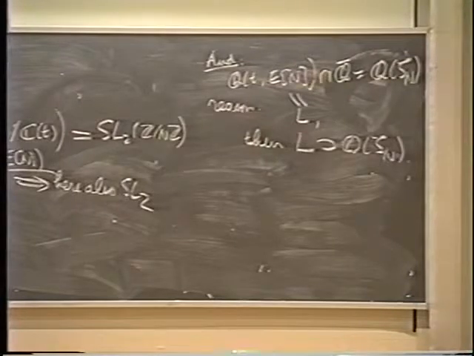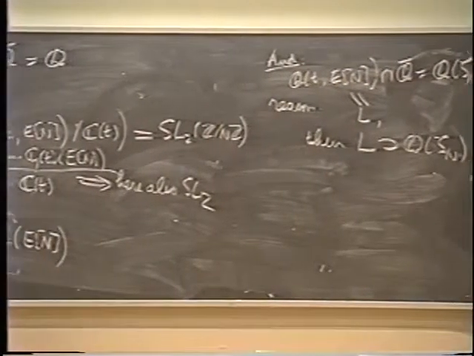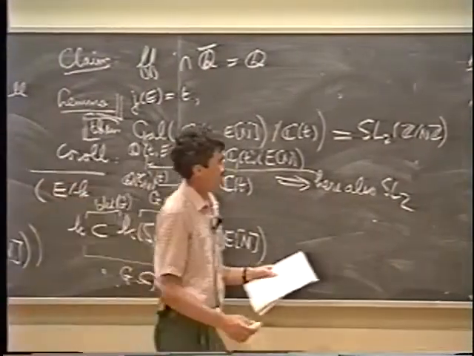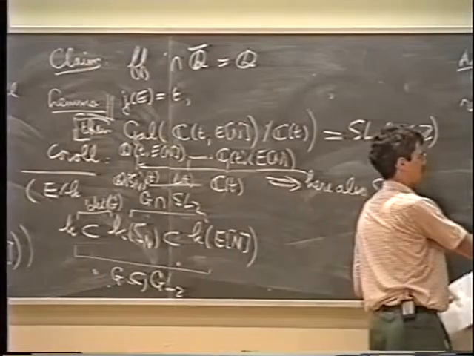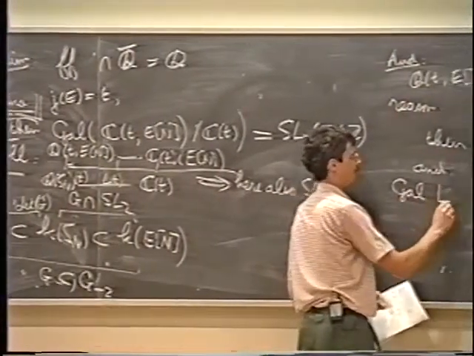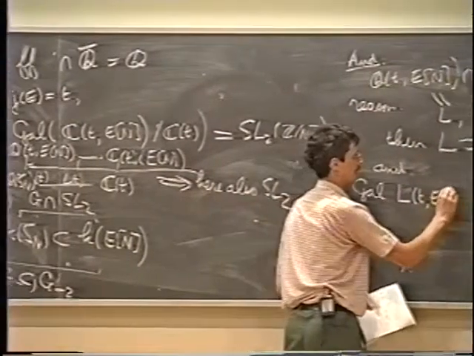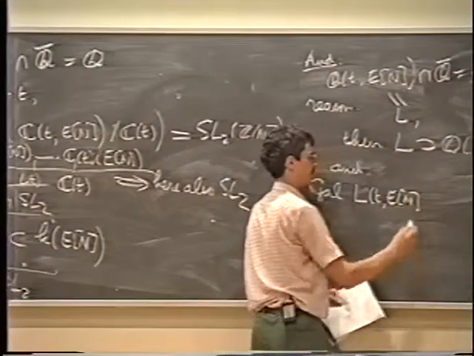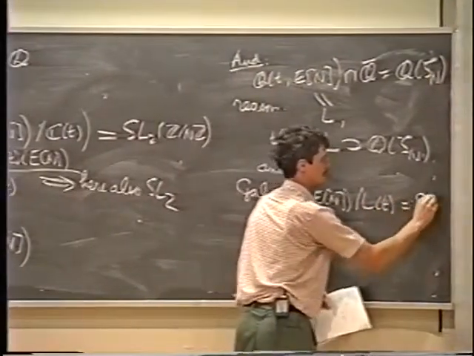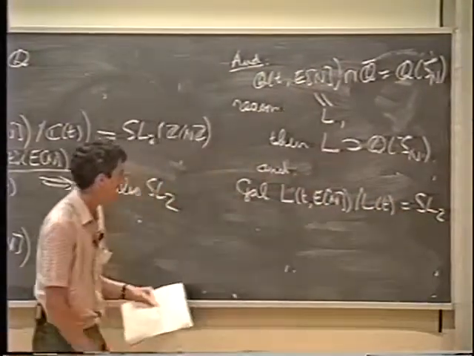Well, I put in this L(t) here, the extension here, and repeat the argument I gave here. It has the same Galois group. So I get the Galois group of L(t)(E[n]) over L(t) is this SL2(Z/n).